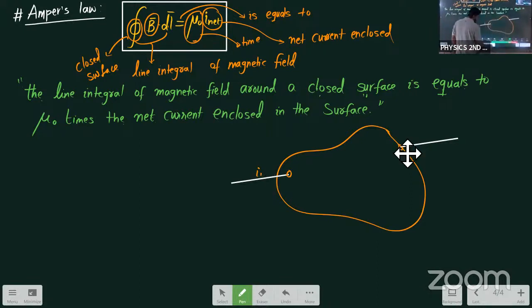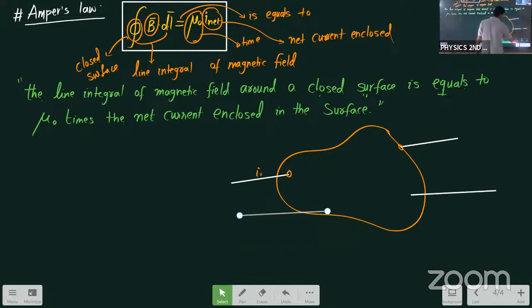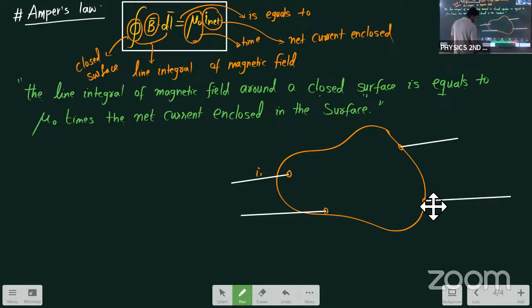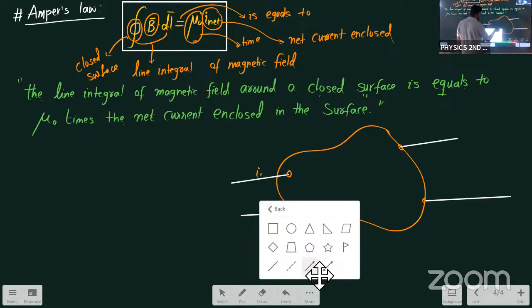Next, there is another current wire through which current is flowing. Let me consider that current is flowing here from this region, and it is coming outside from this particular point. There is one more current which is coming outside from this particular region.